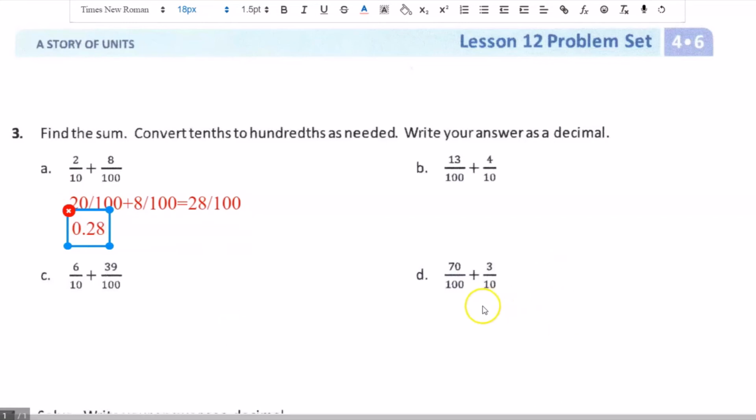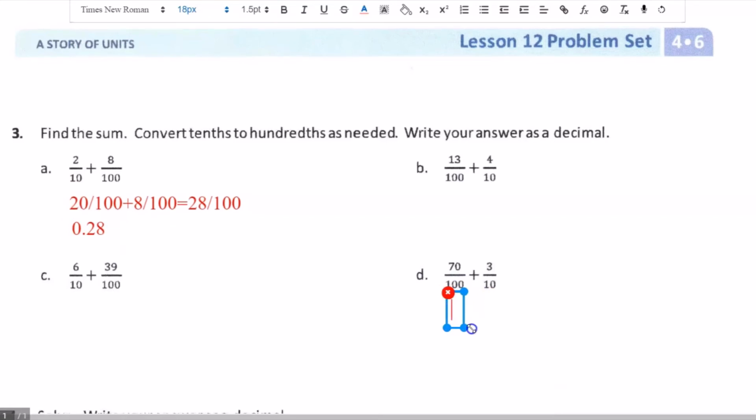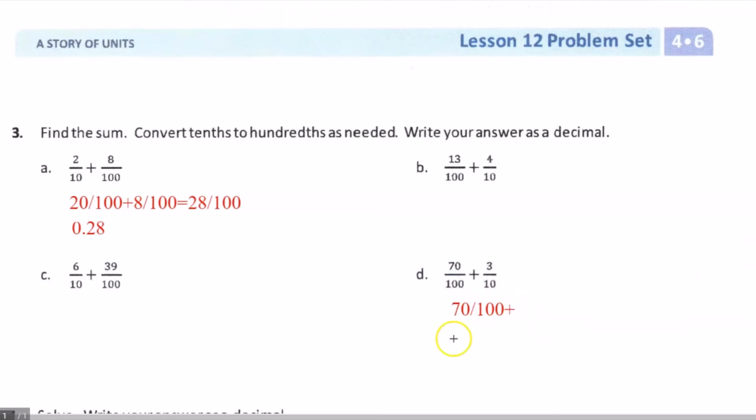Let's try D down here. Now we have 70 hundredths plus 3 tenths. Add a 0. That's all you got to do is add a 0. Let me just do that here with my drawing tool. Add a 0. Add a 0. Bad 0.